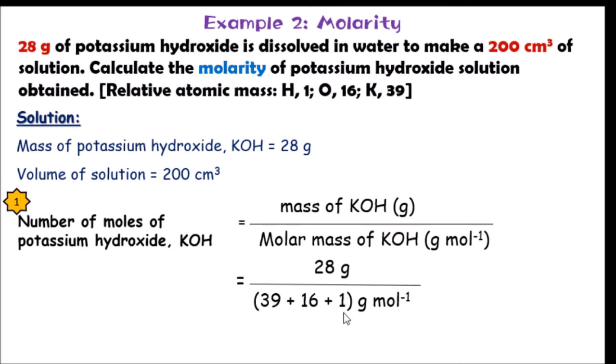So, you will get the final answer is 0.5 mole. Can you get the correct answer with me?